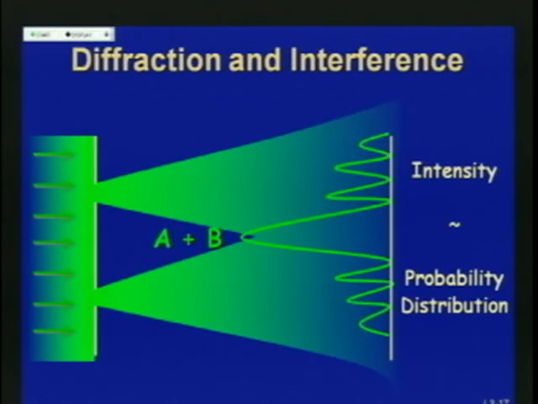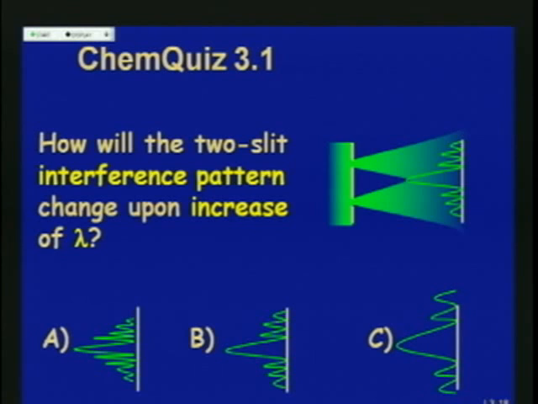Let me ask you a question. We have a two-slit experiment with monochromatic light, and we have wavelengths here. We get this interference pattern. And now I take another monochromatic light source with a larger wavelength.